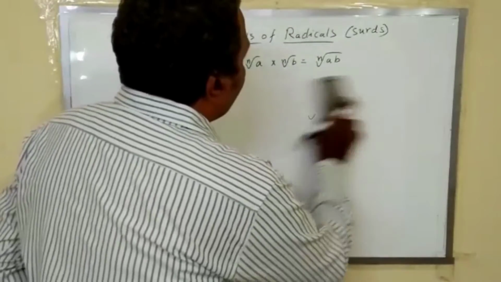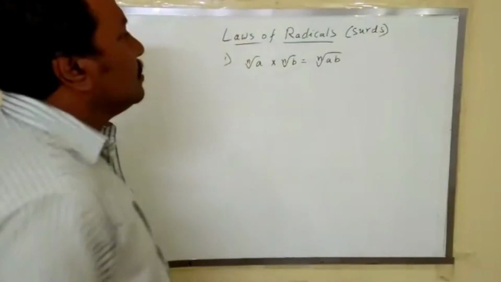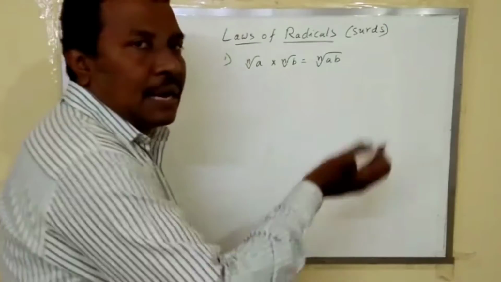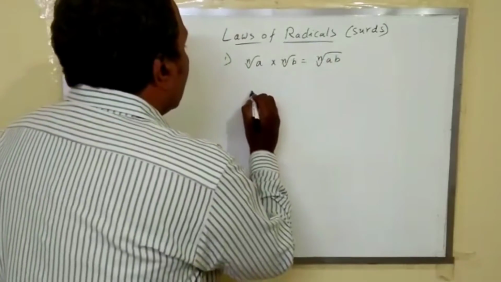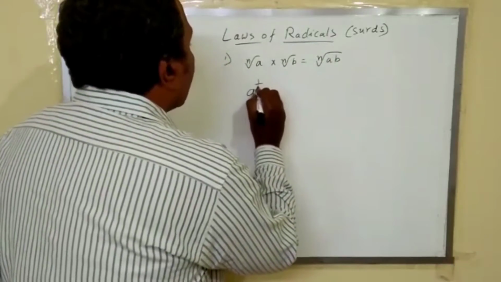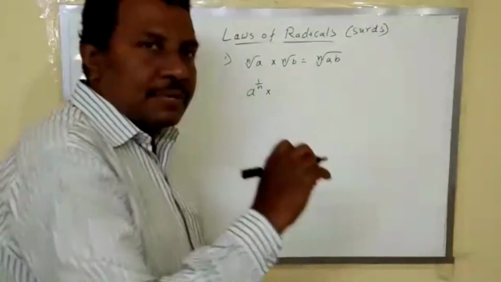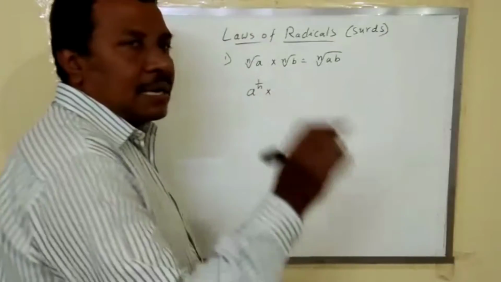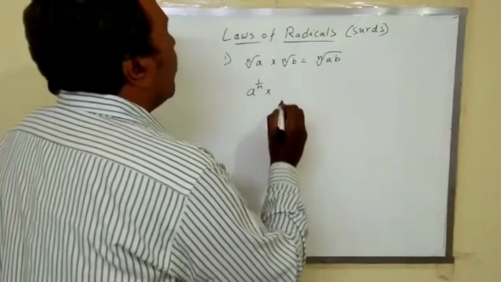I'll explain in detail about this. Nth root of a into nth root of b. Write this in exponential form. Is equal to a power 1 by n. As explained in the previous class, nth root of a can be written in the exponential form as a power 1 by n.